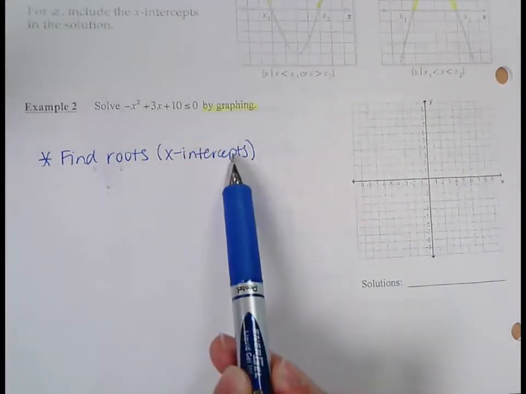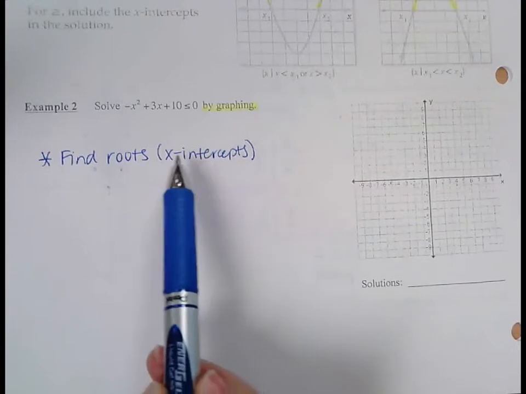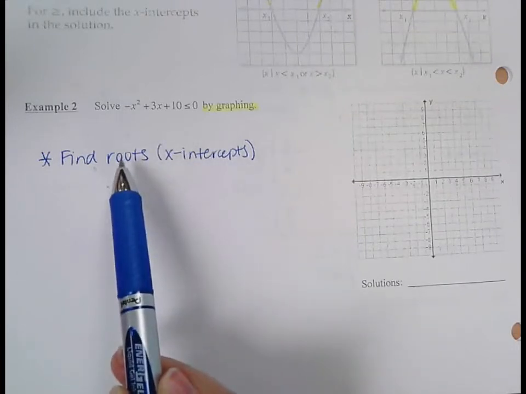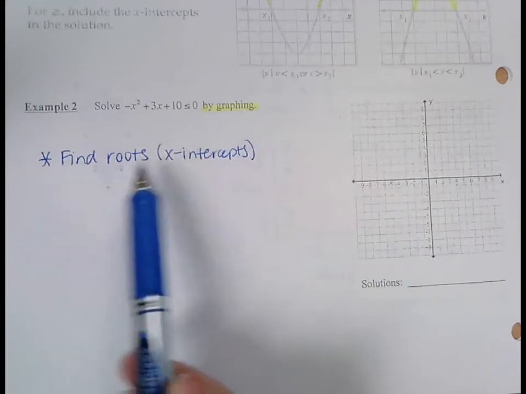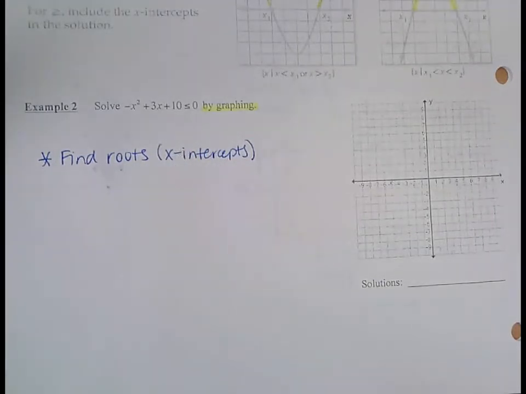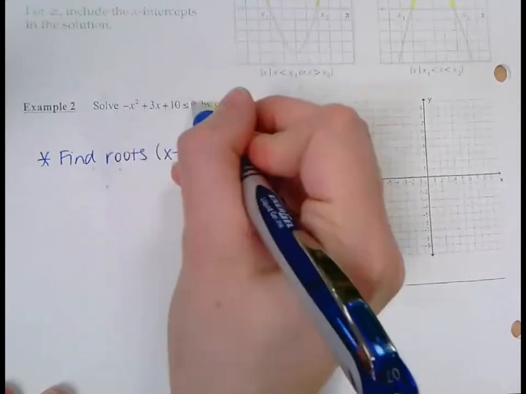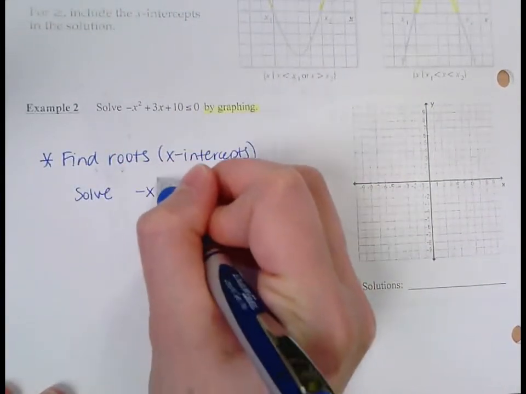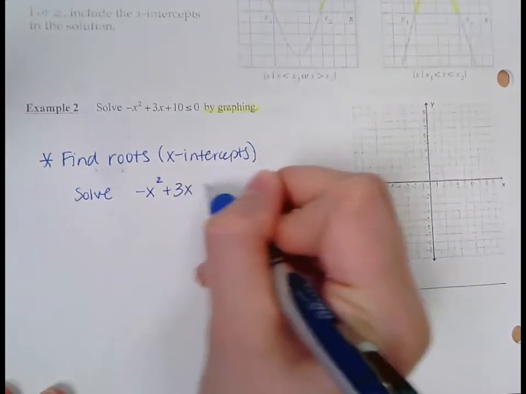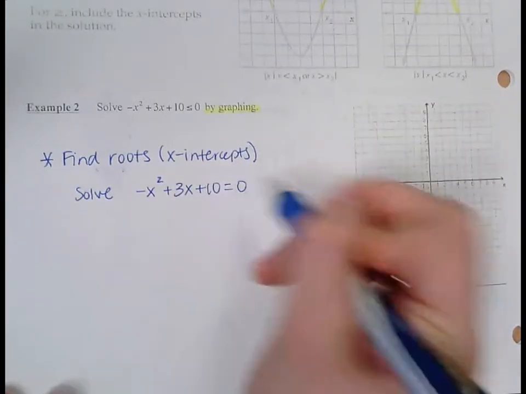Now the x-intercepts, I'm relating vocabulary. We've talked about the x-intercepts are the roots, which are the solutions to the related equation. So I can find the roots without graphing. I can find the roots by solving the equation negative x squared plus 3x plus 10 equals 0.